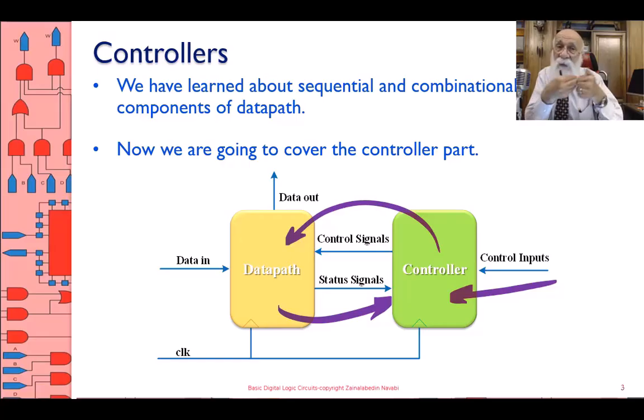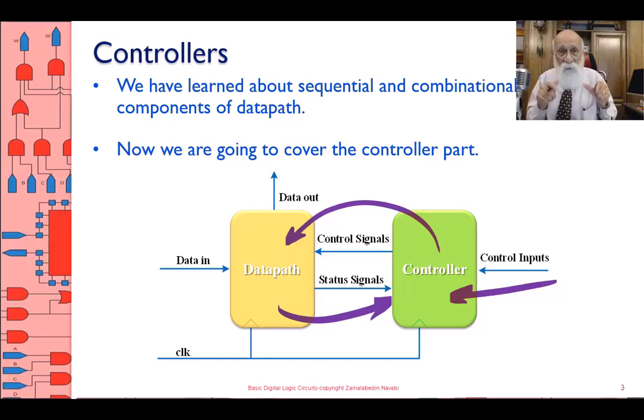In each state, they make certain decisions. They issue signals to the data path or to the outside world, and the outside world takes the decisions and does what it's supposed to do. The data path also takes the decisions, and then it clocks the data into its register, or it tells its ALU to do adding instead of subtracting and things like this.